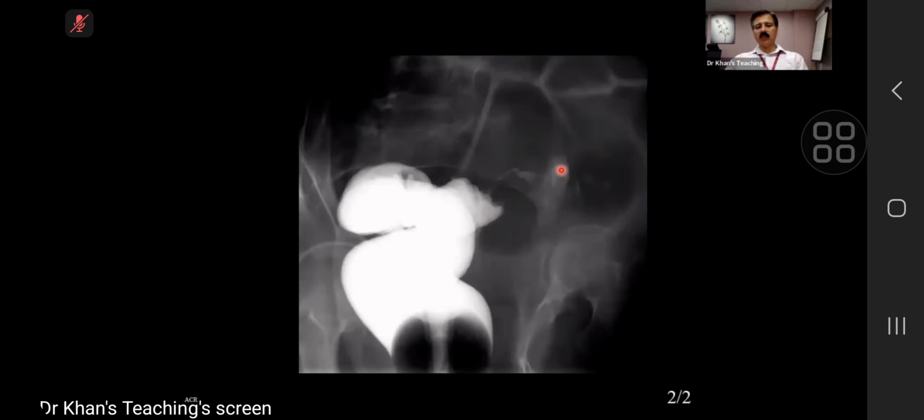So what is happening here? Narrowing. Excellent. So this is a stricture, and this stricture is in the sigmoid colon.